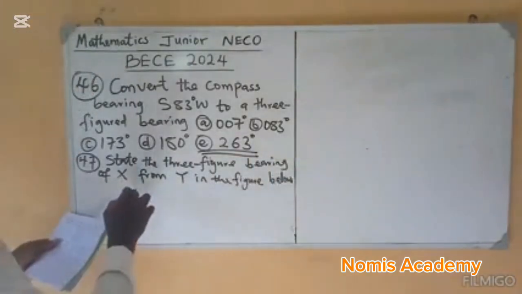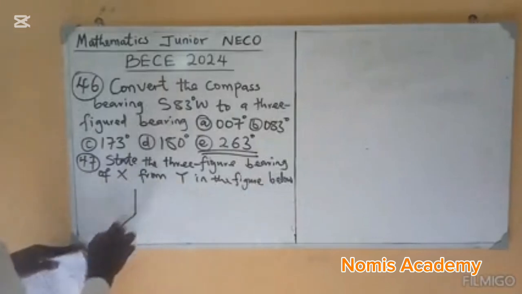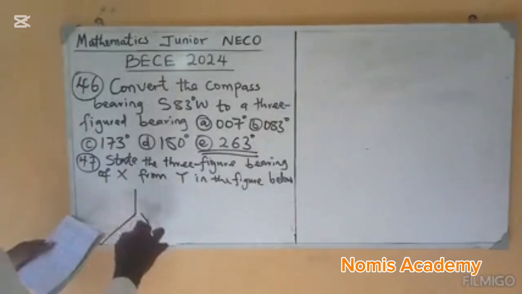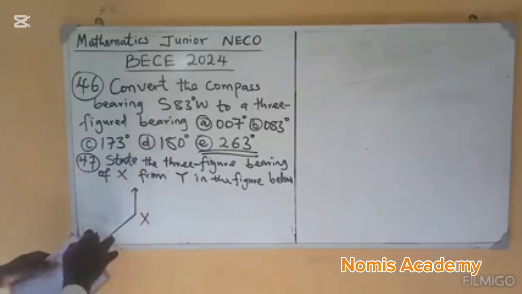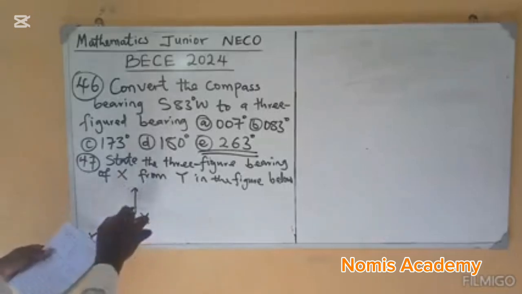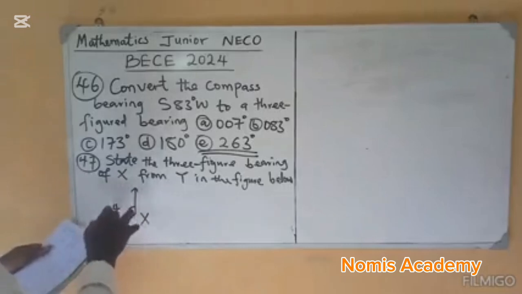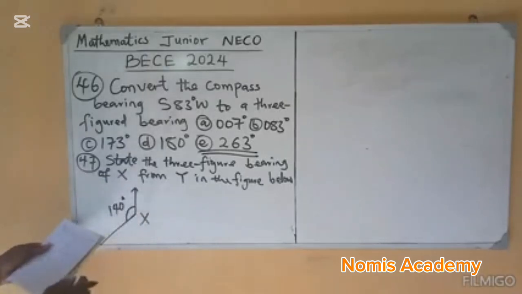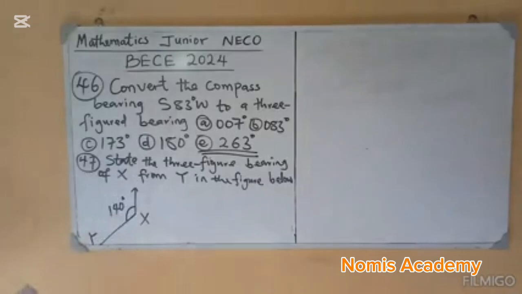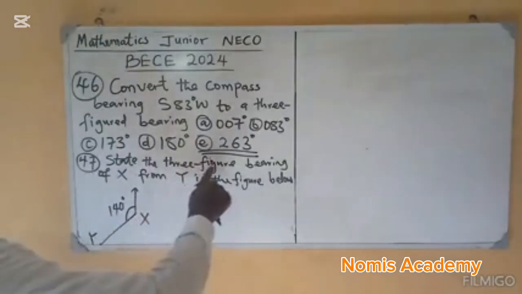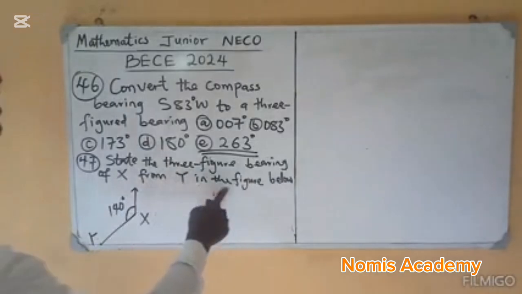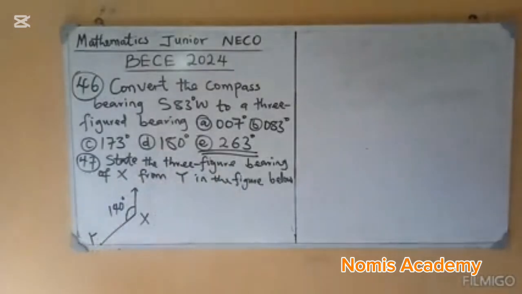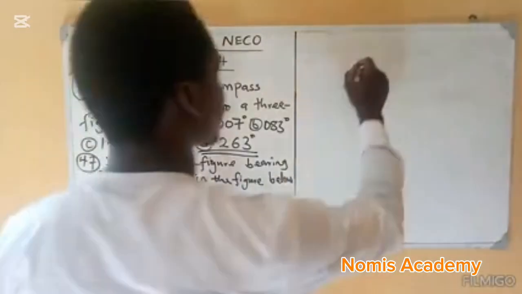Okay, here we have point X, and here we have point Y. The bearing from here is 140 degrees. Now we are asked to state the three-figure bearing of X from Y. All right, now we need to draw it very well so that we can see it.